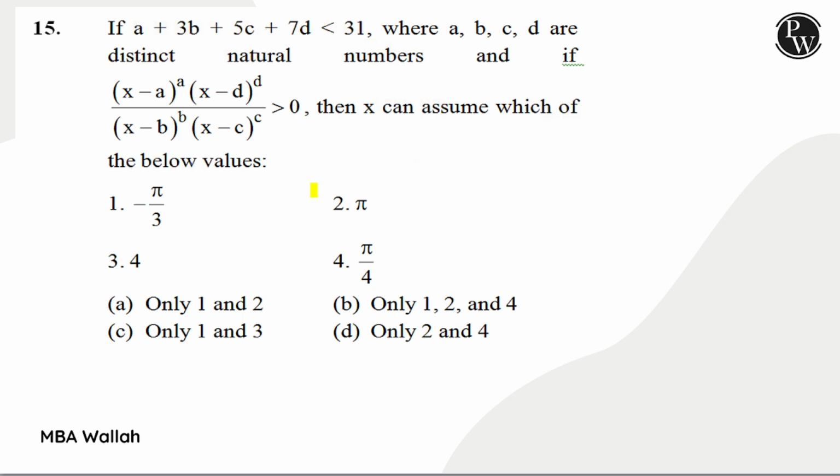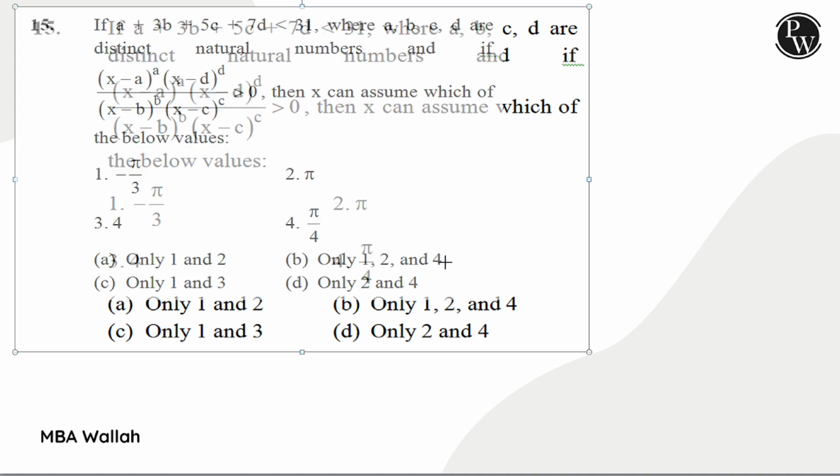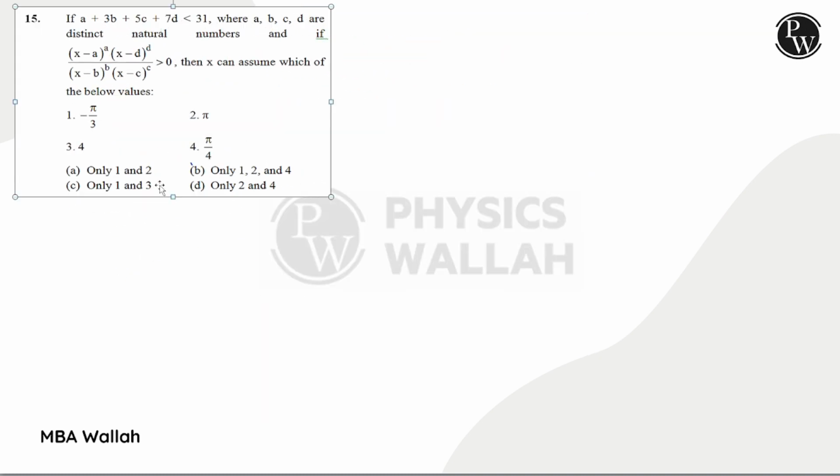I'll just make some space so that I can work properly. Now in this question, it is very much similar to what we have understood. That is, a + 3b + 5c + 7d has to be less than or equal to 30. Now I have to minimize the value of 7d, so I'll put d as 1.